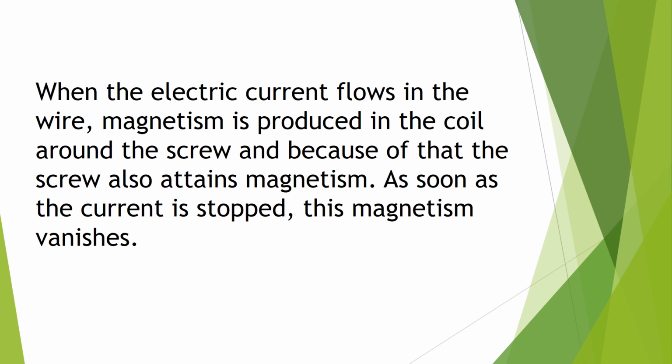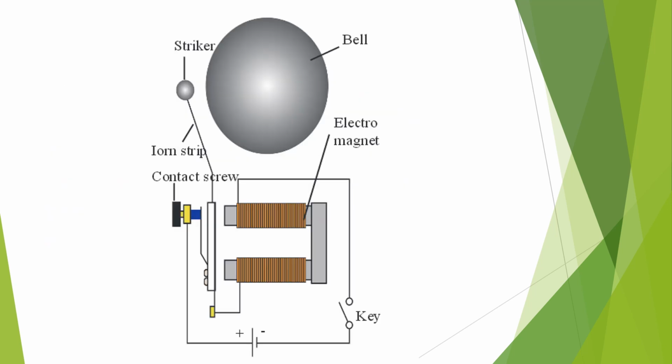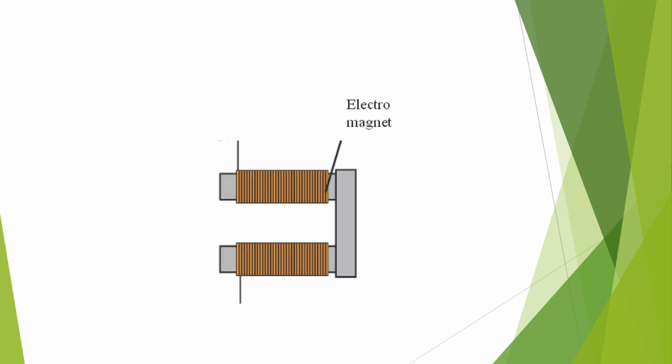Now we'll see where an electromagnet is used. This is a diagram of an electric bell, and an electromagnet is used in an electric bell. We will see each part one by one. Here in the bell, we are using an iron piece, and the iron piece has a wire wound around it. So this is the electromagnet, the substance which becomes magnetic when electricity is passed through it.